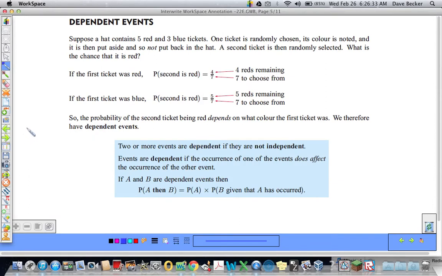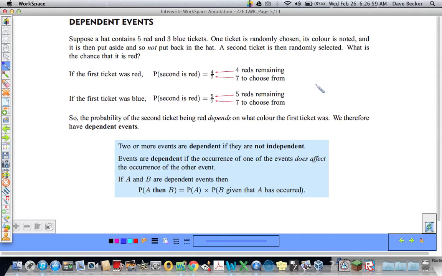Okay, dependent events is where the first event does affect the result of the second event. The best example is if you have a box of marbles, and you draw one marble out of the box, and you do not put that marble back.